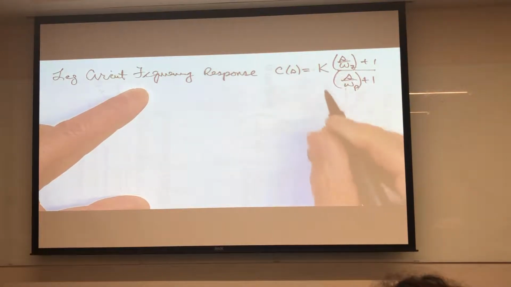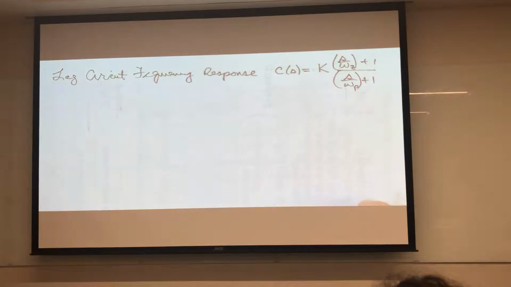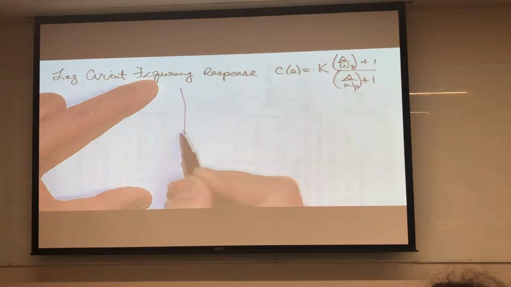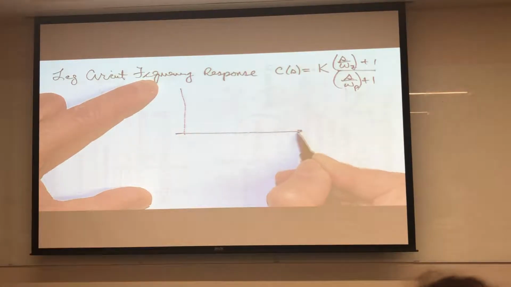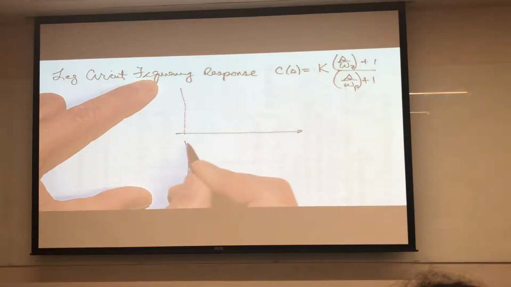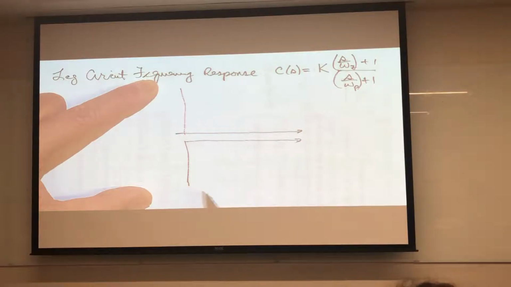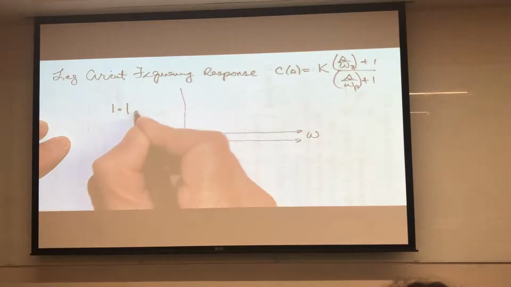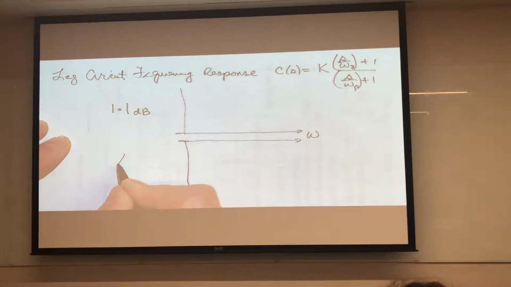This is the compensator. It's got a 0 and a pole and a gain. Let's sketch 2 diagrams on top of each other, the magnitude plot and the phase plot. And both of these are with respect to frequency, omega. This is going to be the magnitude in dB, and this is going to be the phase in degrees.